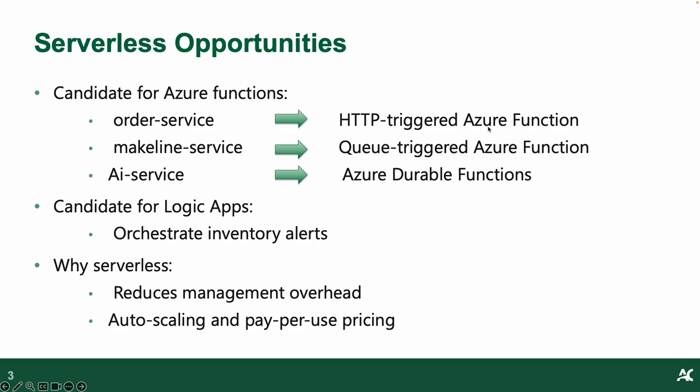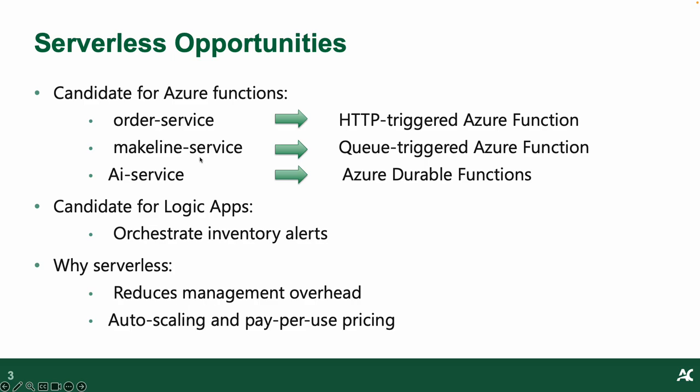The reason I picked an HTTP triggered Azure function is that the order service doesn't need to run all the time. So converting the service to an Azure function would make the service more cost efficient because it would only be running when it's needed.